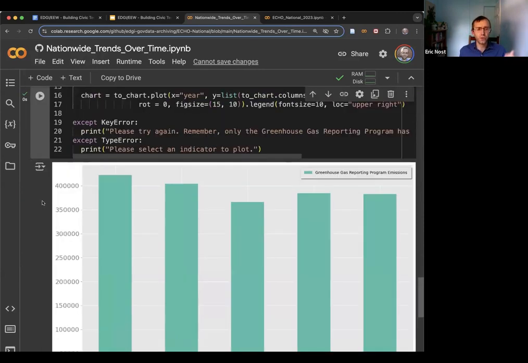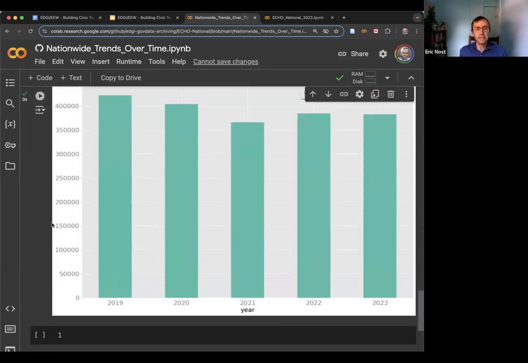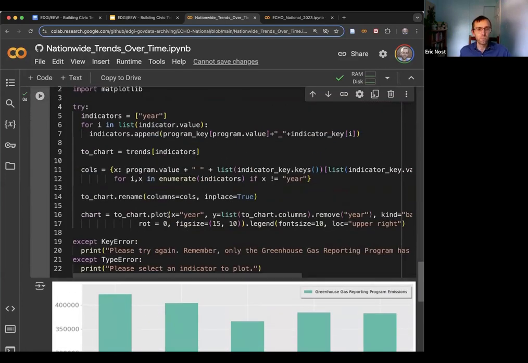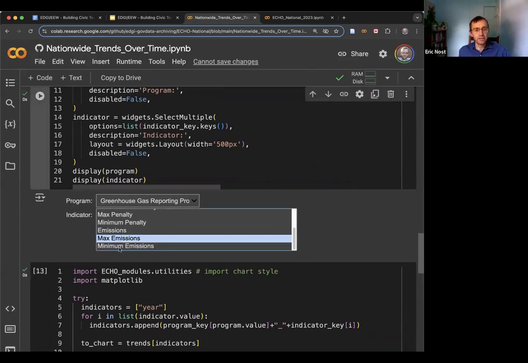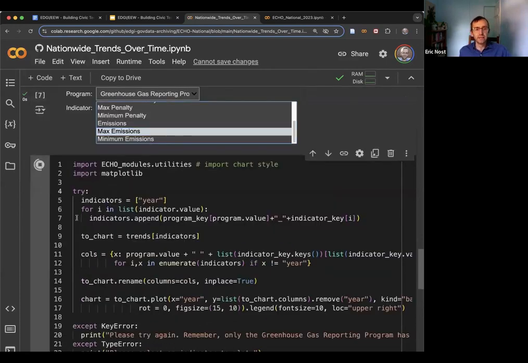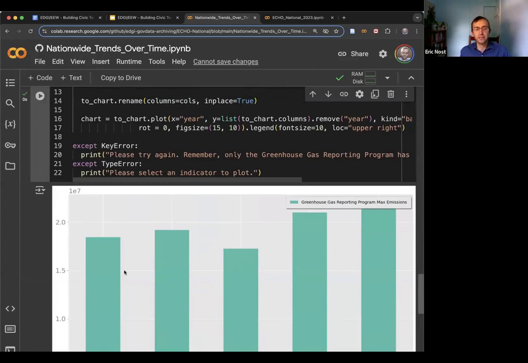This is going to be total over the years for those facilities required to report, and we do see a general decline, in some years, perhaps due to the pandemic, steeper than others. And we also see, if I'm not mistaken, the largest emitters actually increasing. So although in aggregate emissions are coming down, the worst of the worst are maybe getting worse.